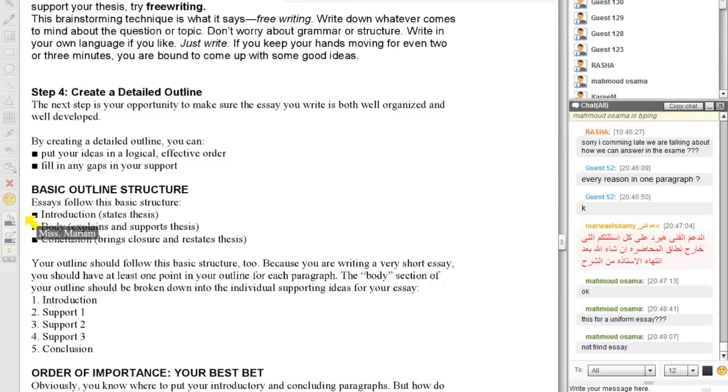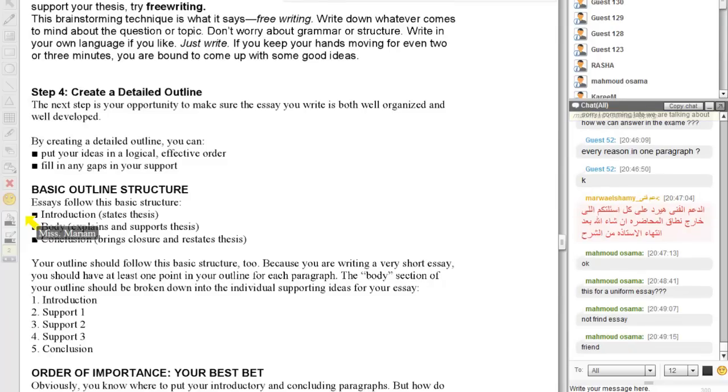Not uniform, informal. Yes, this outline can be applied both in formal and informal essays. We have to explain that the outline structure for the whole essay should look like this: introduction, which will state the thesis; body, which explains and supports the thesis.